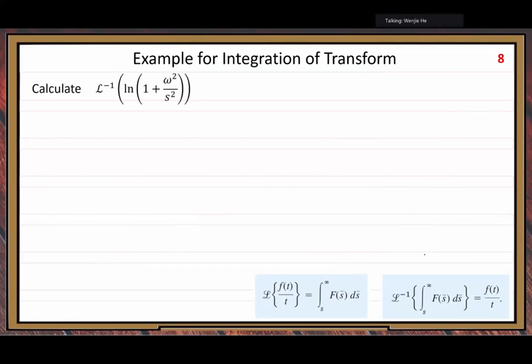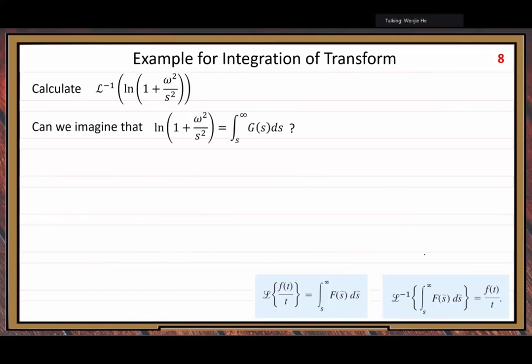Calculate the inverse Laplace transform of this log function. Think about if you apply the definition, well, it's a log function. In our basic formula, we do not have that part, right?